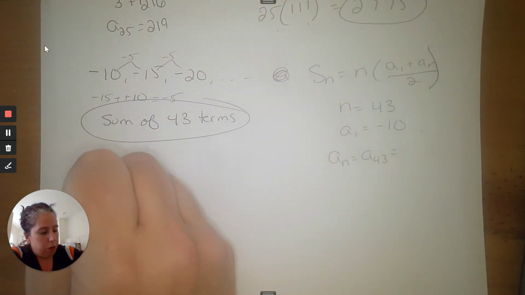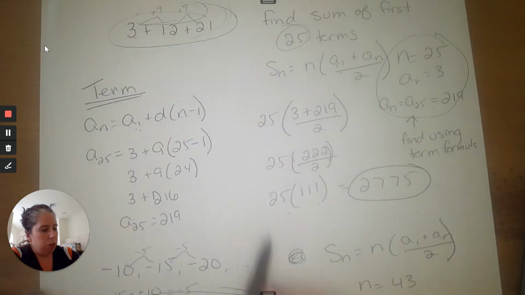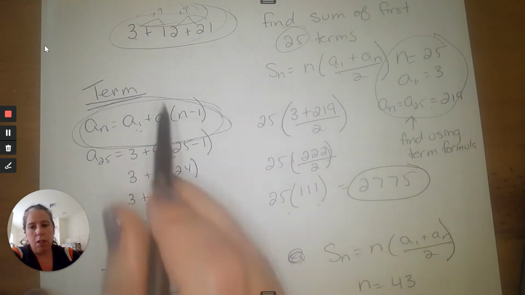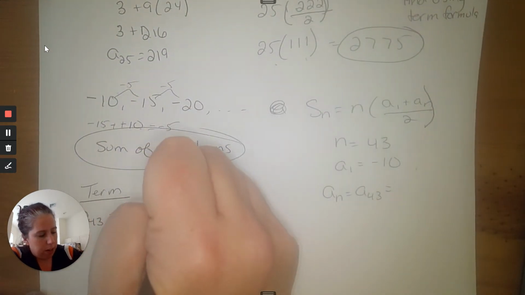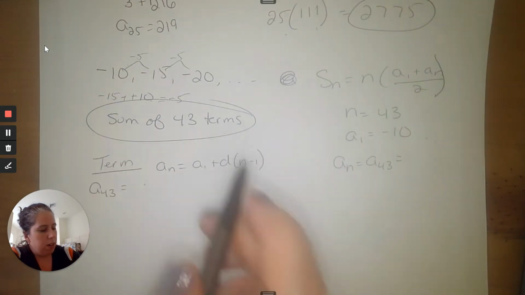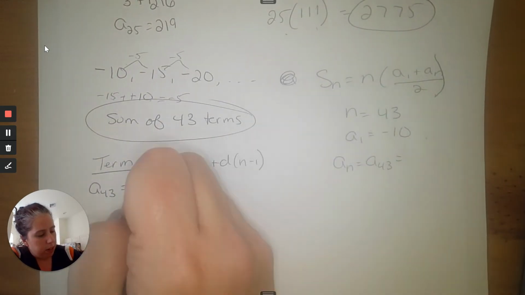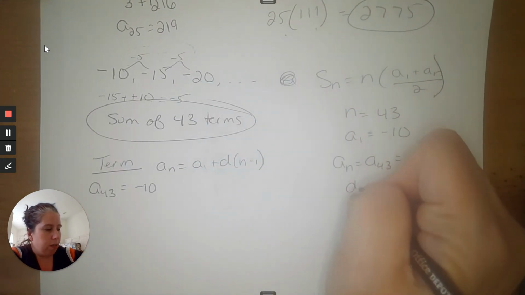So a43 equals a1. We're using this formula right here, guys. So a sub n equals a1 plus d times n minus 1. So a1 is negative 10. Now d is negative 5.